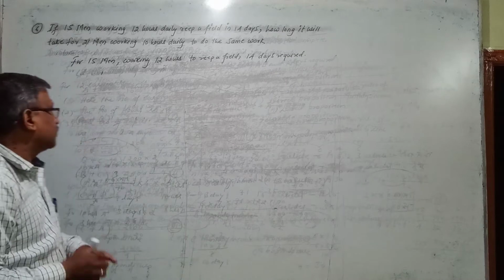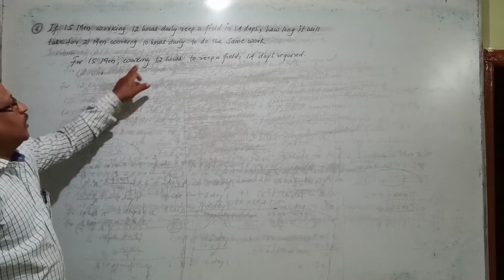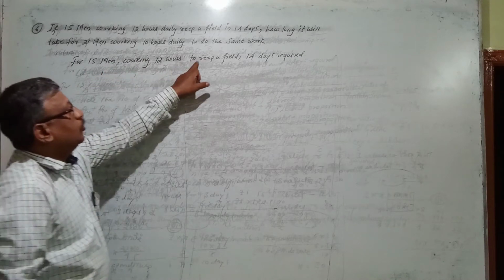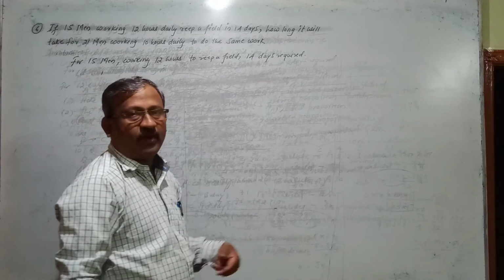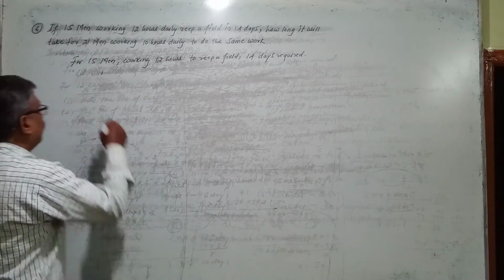This is given to us. For 15 men working 12 hours, to reap a field, how many days are required? 14 days are required. And what we have to calculate?